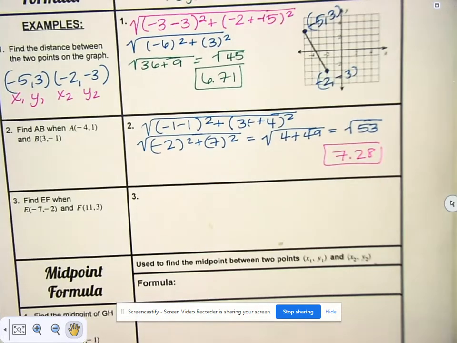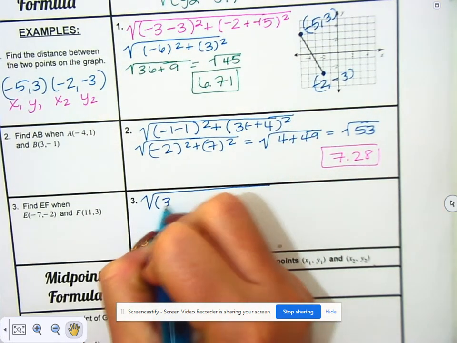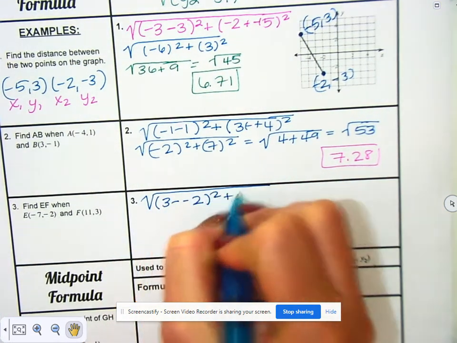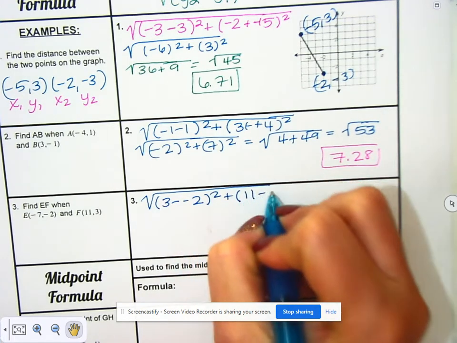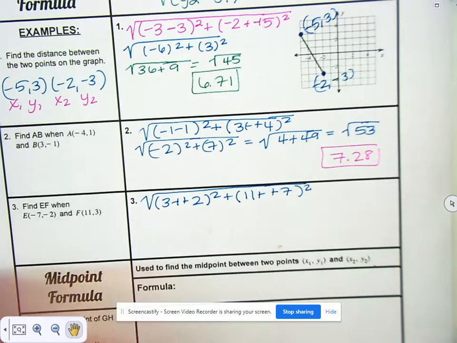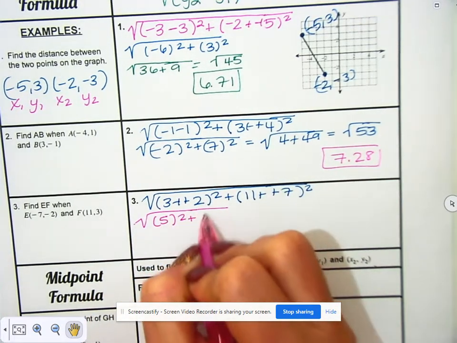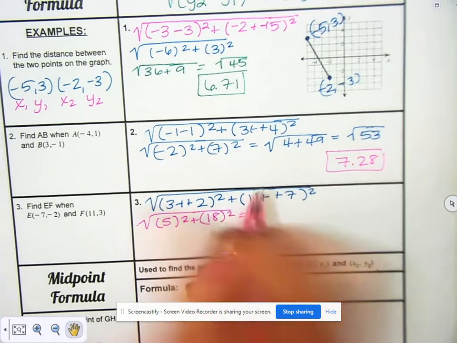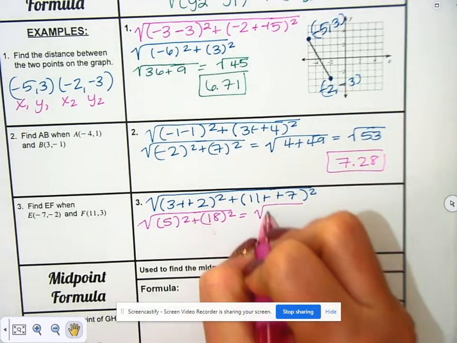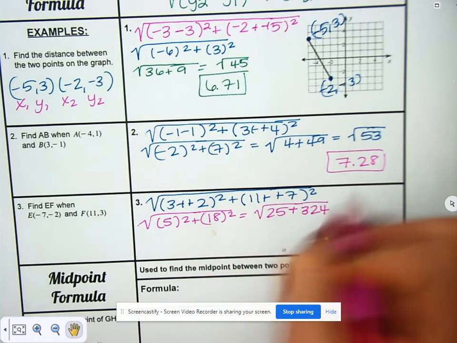All right, and a third one of those, again, formula. Y is 3 minus -2. X is 11 minus -7. Okay, so 5 squared plus 18 squared, so that gives me 25 plus 324.